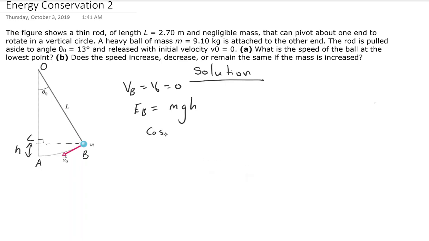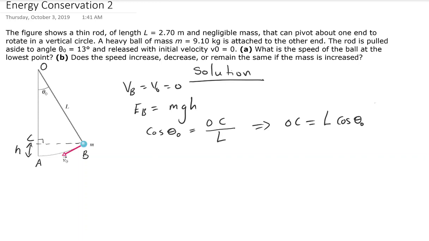Cosine theta naught is the length OC over L, because this is the adjacent side of the triangle over the hypotenuse, right? Now I can solve for OC: OC is equal to L cosine theta naught.